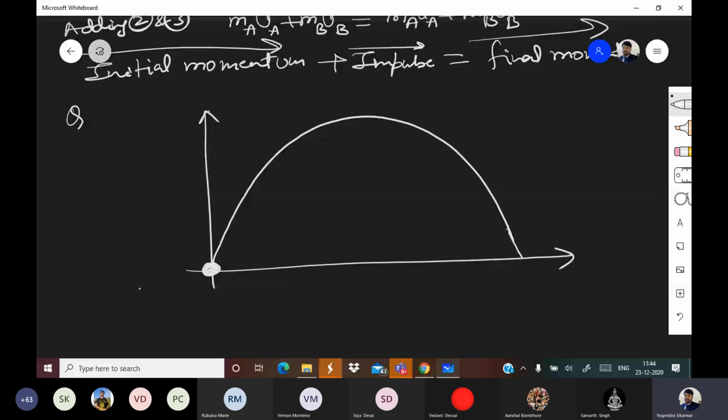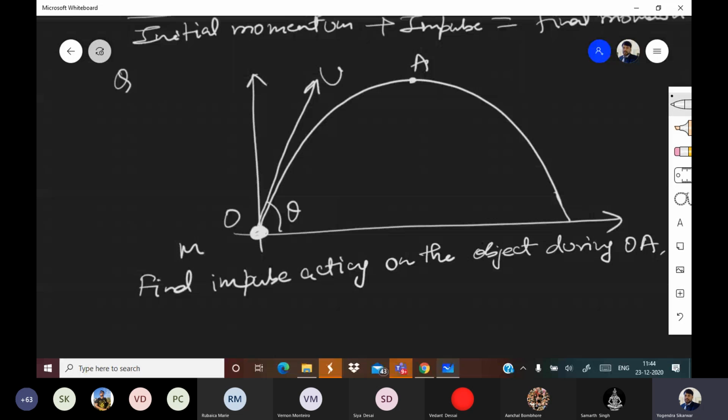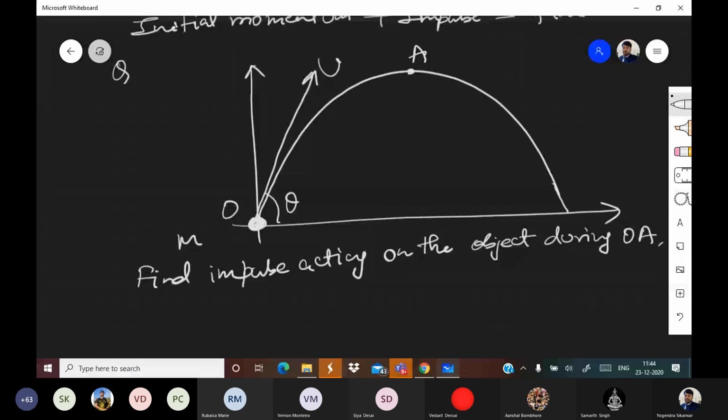M is the mass, theta is the angle, u is the speed, this point is A, this point is O. Find the impulse acting on the object during OA. Please tell me quickly, everyone. Please find.